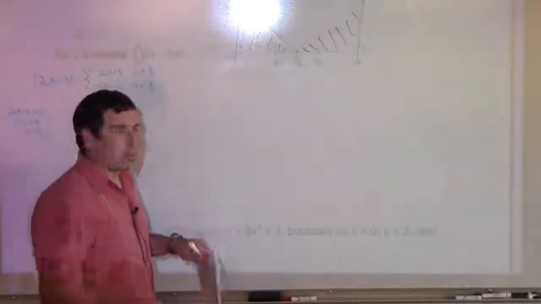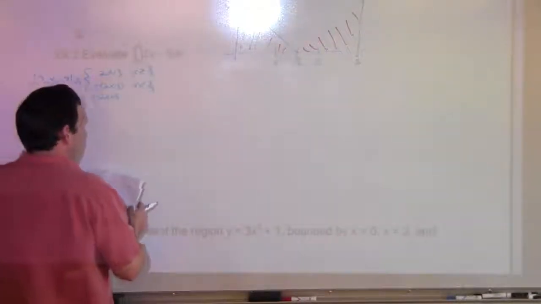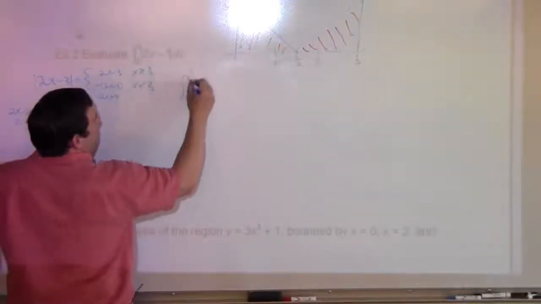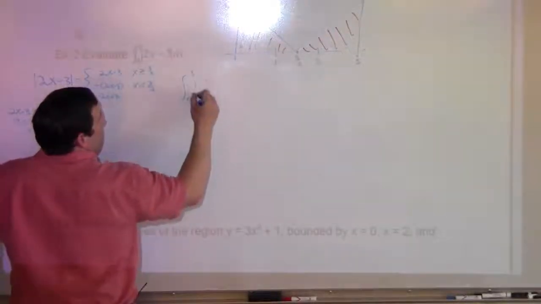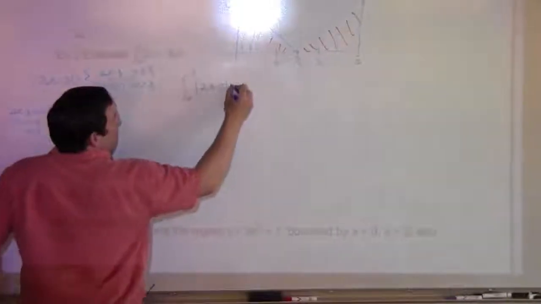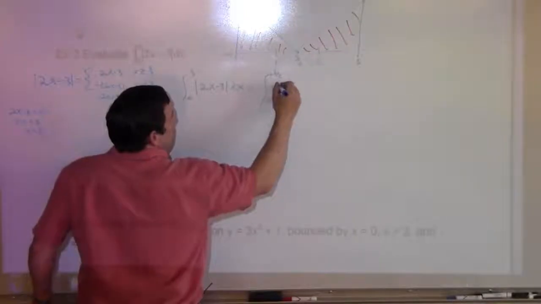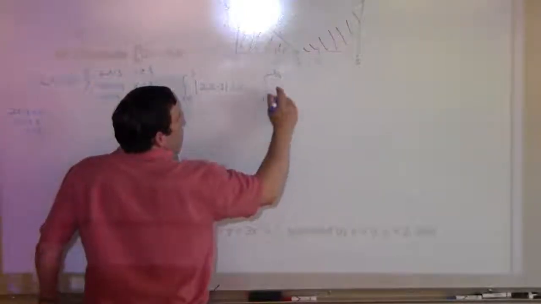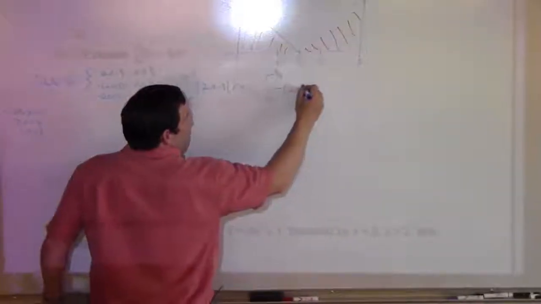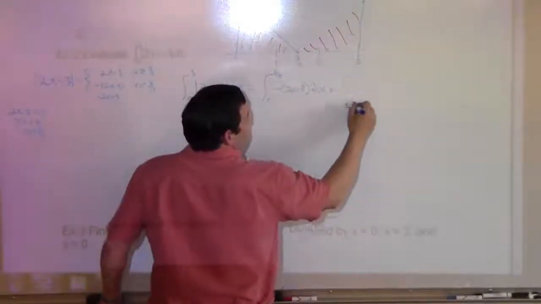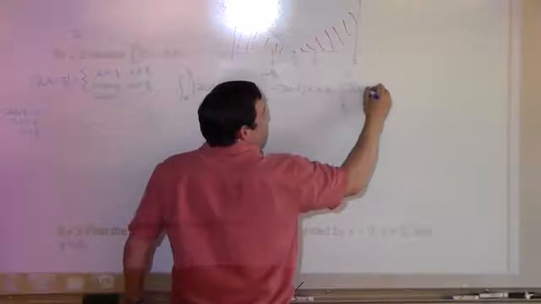We're going to use our calculus, practice the skills that we have been developing. So I treat this as the integral from 0 to 3 of absolute value of 2x minus 3 dx. I treat that as the integral from 0 to 3 halves of the negative of 2x minus 3 plus the integral from 3 halves to 3 of 2x minus 3.